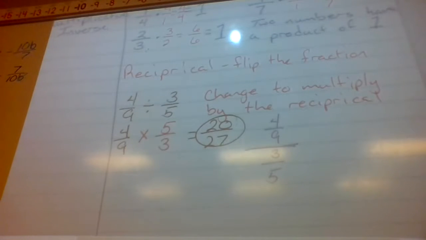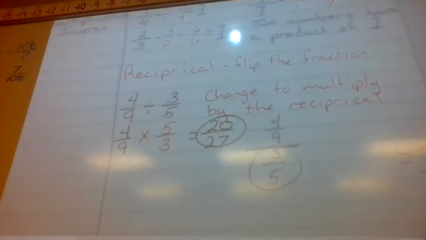Your whole goal on a complex fraction is we're going to get this denominator equal to 1. You guys just did this at the beginning of the note. How do we get 3/5 to equal 1? Talk with each other. How do we get 3/5 to equal 1?